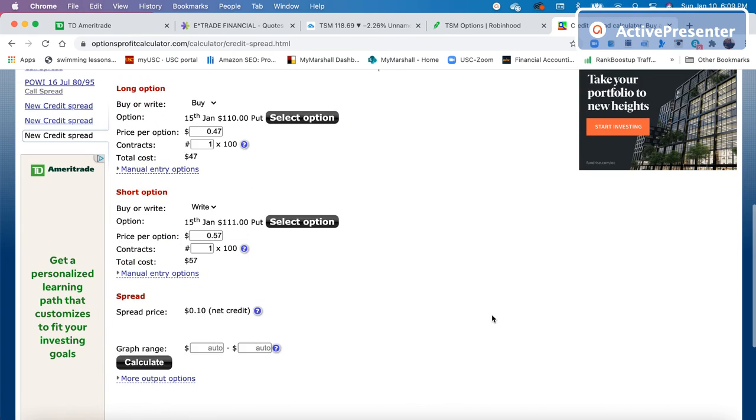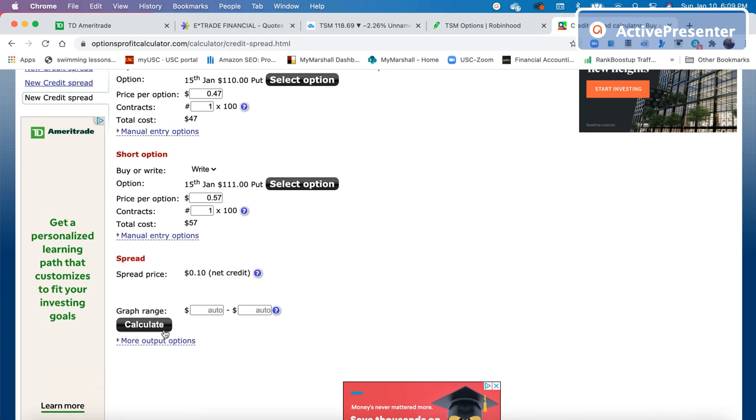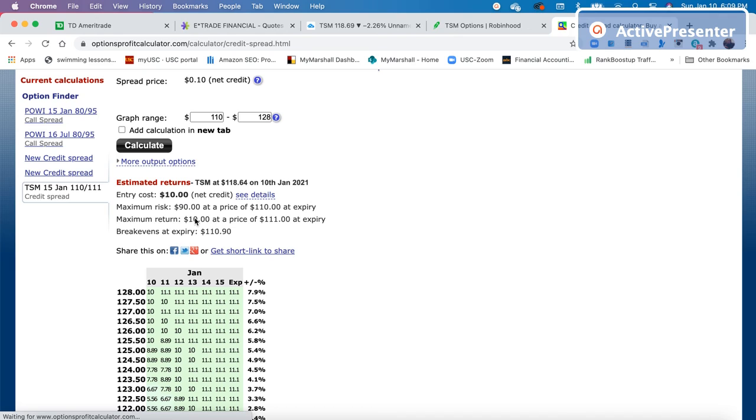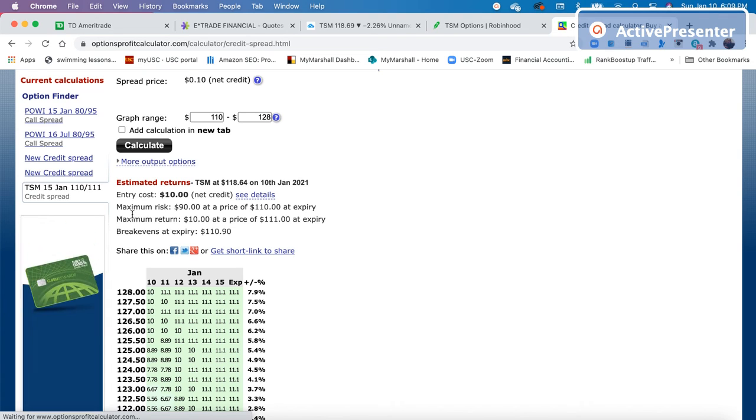Okay, so we're going to calculate what we can make. The entry cost is $10, right? But let's say we buy 50 contracts, we're going to get $500 off the top. The maximum risk is the collateral, which in our case would be $3,500.